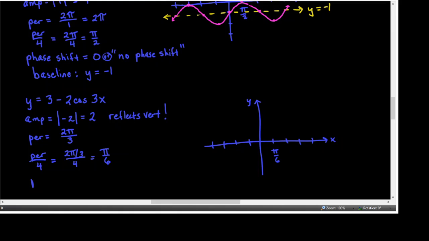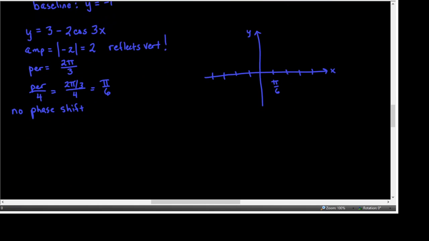Phase shift. Do you see that that x doesn't have anything directly subtracted or added from it inside of parentheses before you take the cosine? So that means that there's no phase shift. And remember, in my math lab, that's probably going to be phase shift equals the number 0.